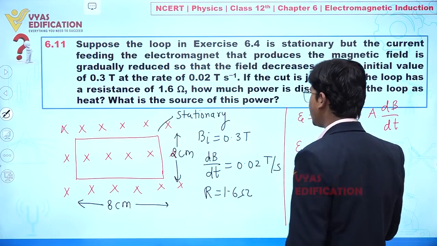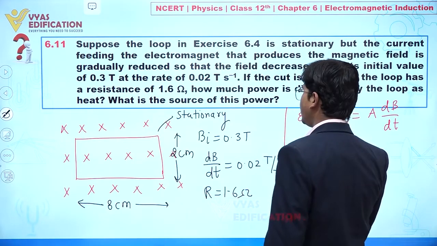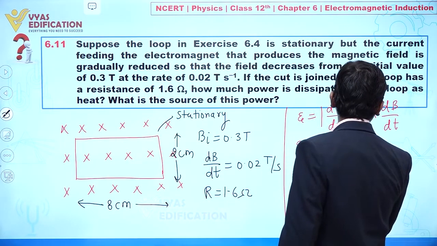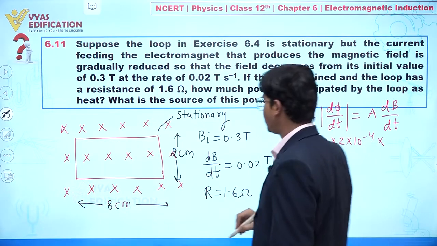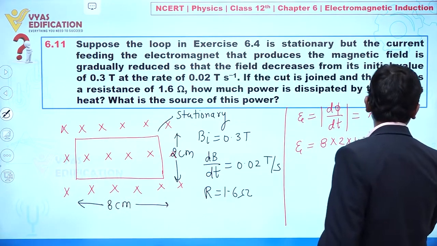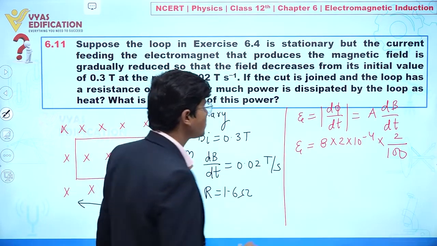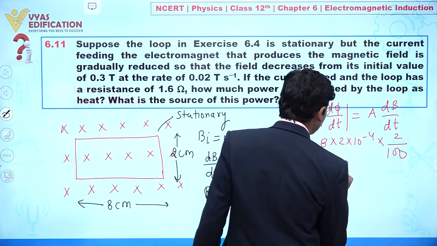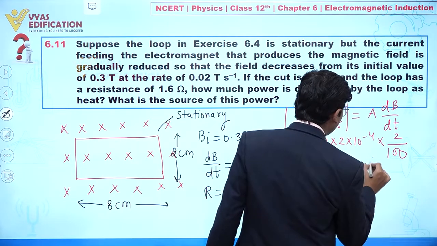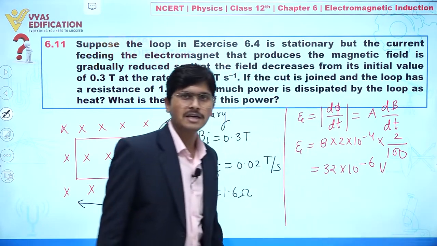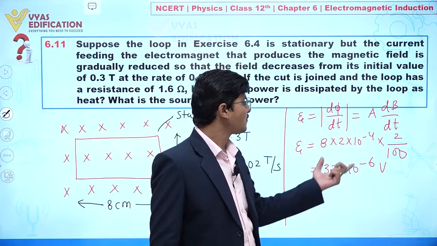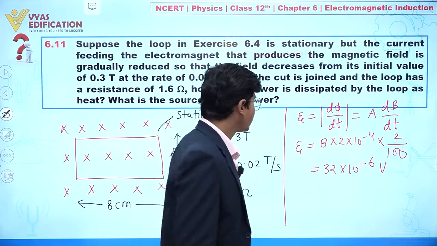Area is 8 into 2 into 10 to the power minus 4, multiplied by dB by dt, which is 2 by 100. So 8 multiplied by 4 is 32, giving 32 into 10 to the power minus 6 volt.